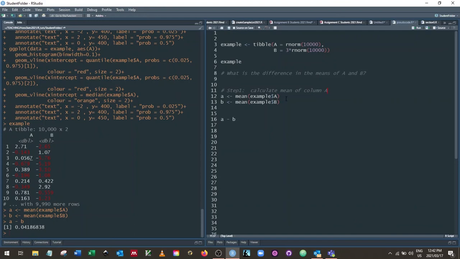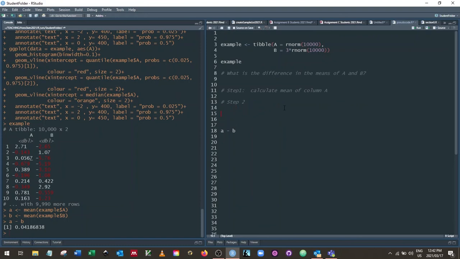So don't write the code. I'm going to delete that code because I covered it in my pseudocode. Then step 2 is the same thing. It's just calculate the mean of column B. I'm not going to type it now, but that's what I would write.